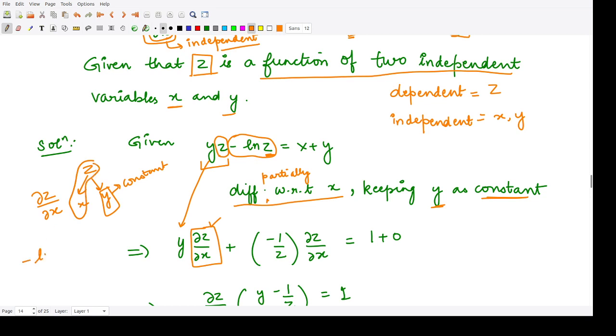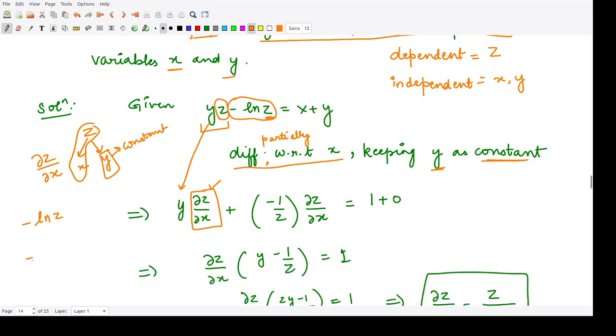For this term minus log of z, minus would be as such, the partial derivative with respect to x of this term minus log of z would be equal to, minus would come as such, then the derivative of log of z would be 1 by z, and then the derivative of this quantity z would be del z divided by del x.